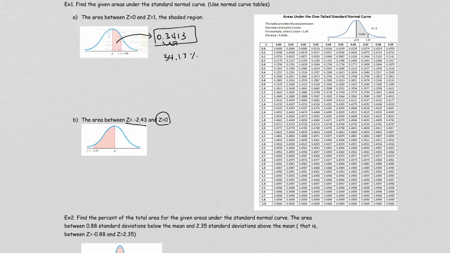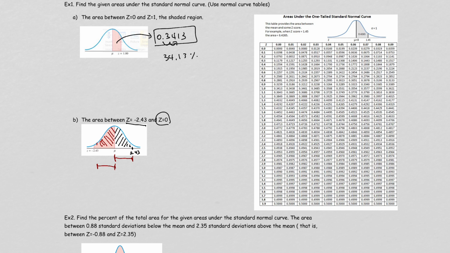So if we can look for something under positive 2.43, this area should be the same as the other area, this area. So we don't have to worry about looking for a negative value. We can just look for the positive, because from the mean to that area is going to be equal. So this is going to be the same.